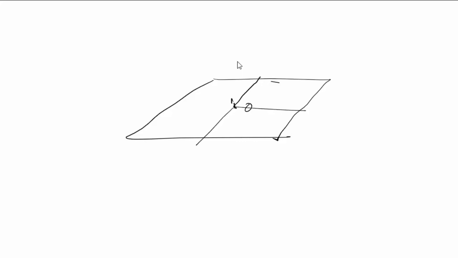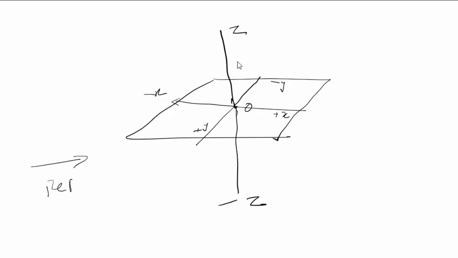So this is my minus y, this is my plus y, this is my plus x, and this is my minus x. And this is my z and this is my minus z. This is how you can represent space in 3 dimensions using Cartesian coordinates x, y, z.